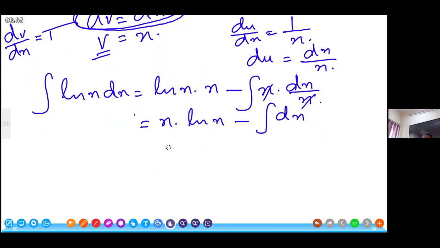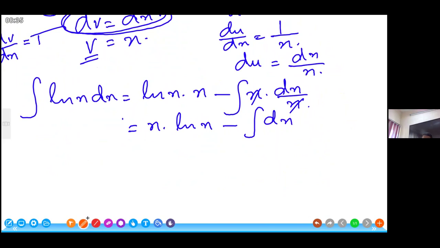What is the integration of dx? x into ln x minus, what is the integration of dx? Anyone? We have just seen the outcome.